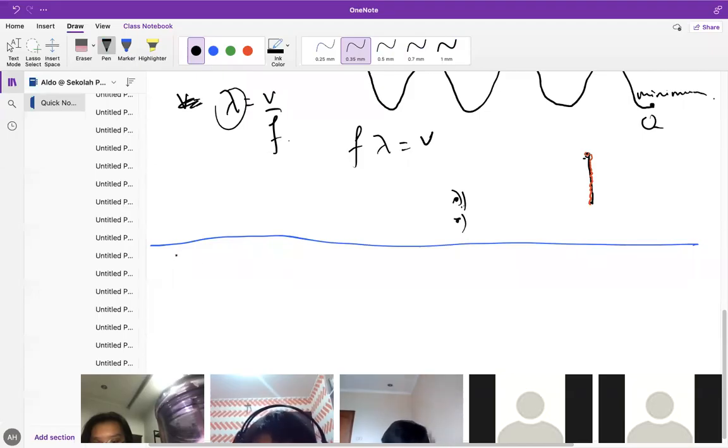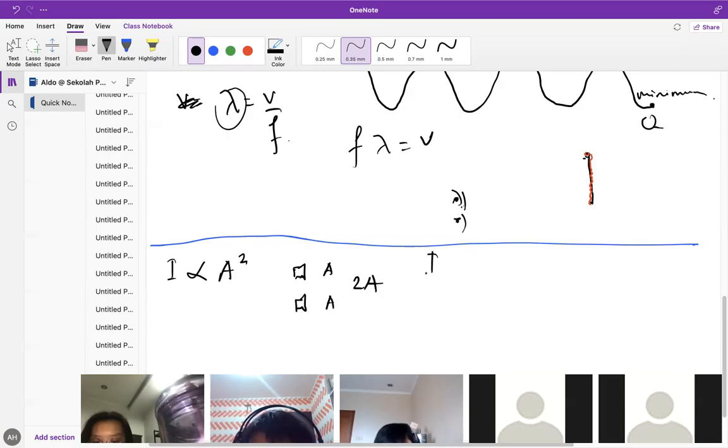So we know that intensity of the sound is directly proportional to its amplitude squared. Now, as you can see here, there are two loudspeakers, A and B. It means they each contribute one amplitude, therefore the total is 2A.